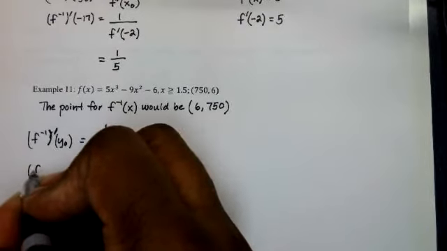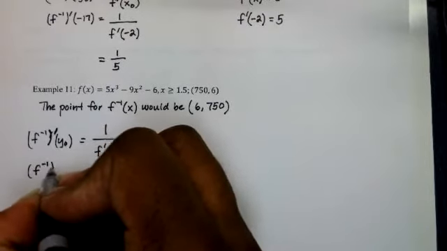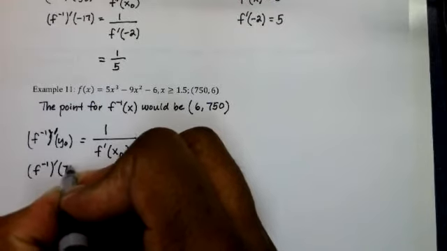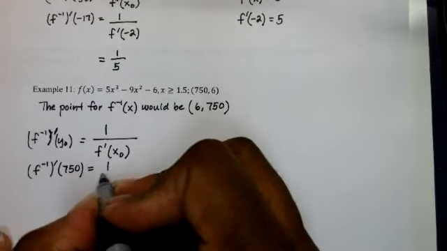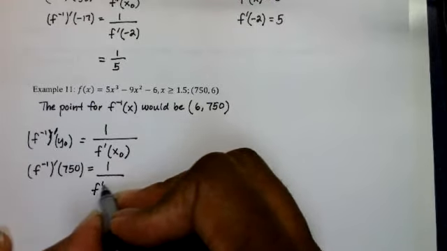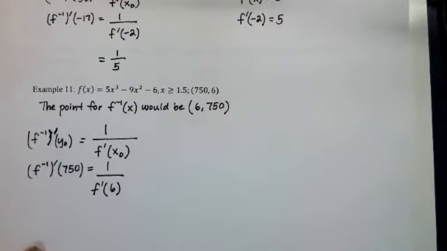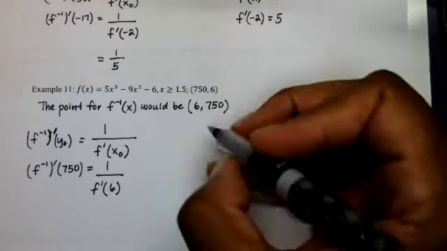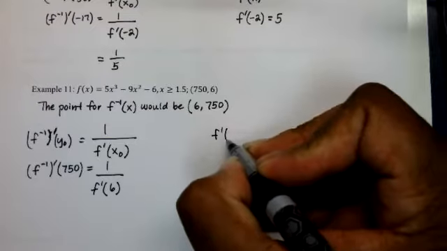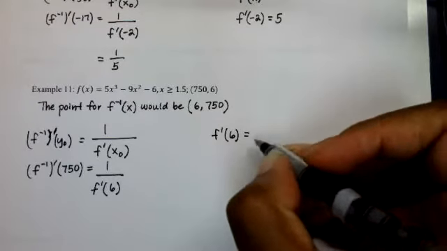So f inverse prime of 750 would be equal to 1 over f prime of x sub 0, which is 6. But let's find out what f prime of 6 will be.